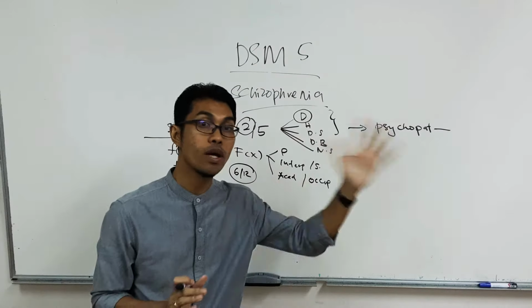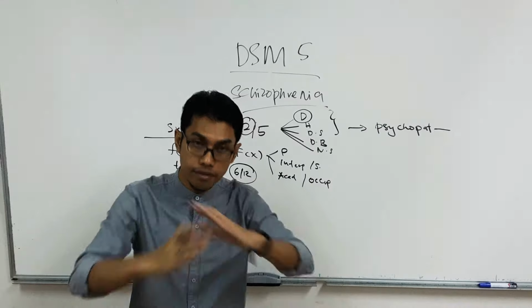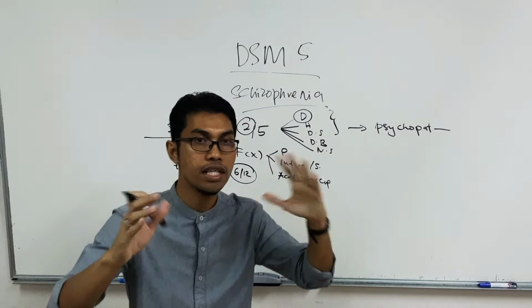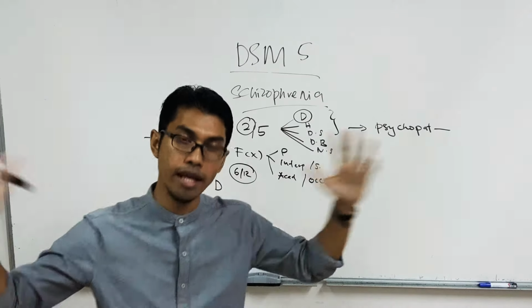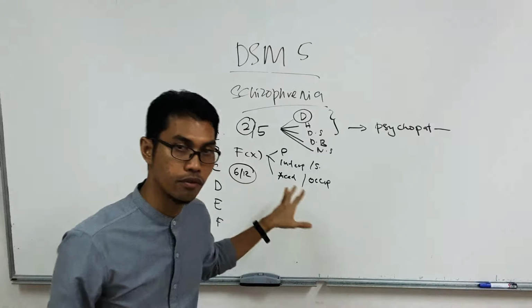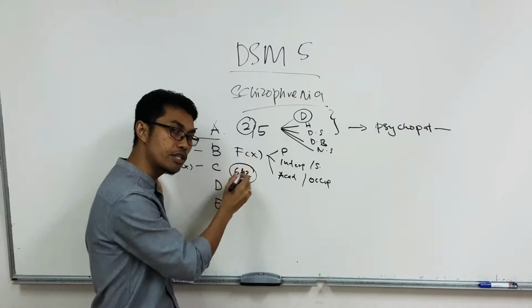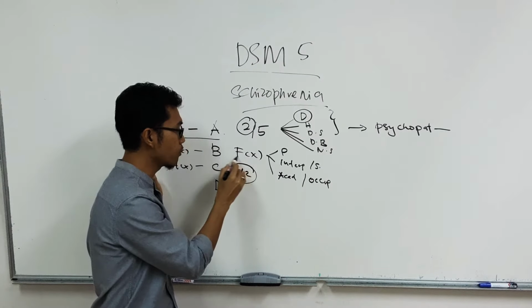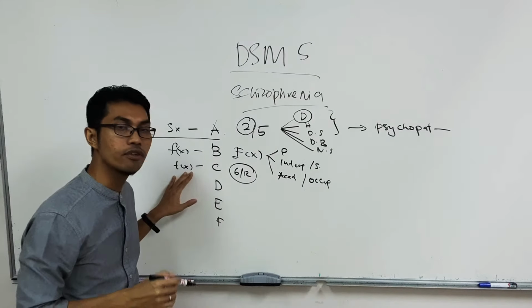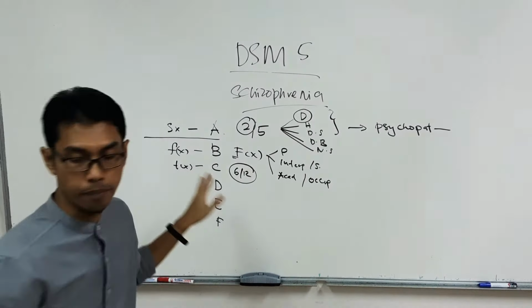That means it cannot be once in 6 months. But for 6 month duration, you can have some periods where you don't have symptoms, but cumulatively the symptom is present for more than 1 month, including deterioration in function. Okay, so function affected for 6 months is also counted as fulfilling the time frame of 6 months.